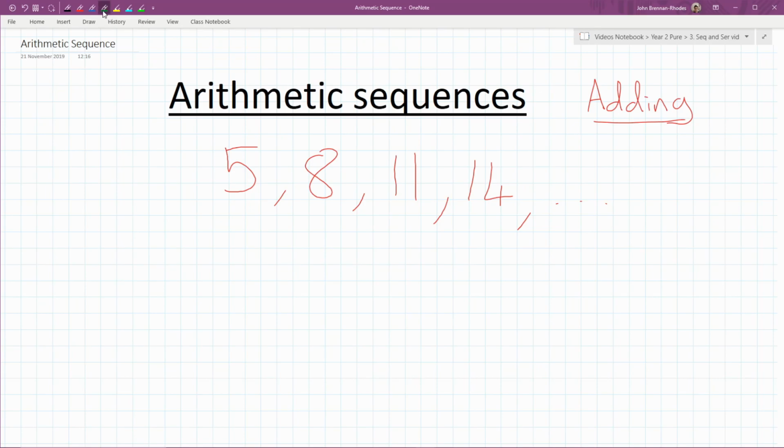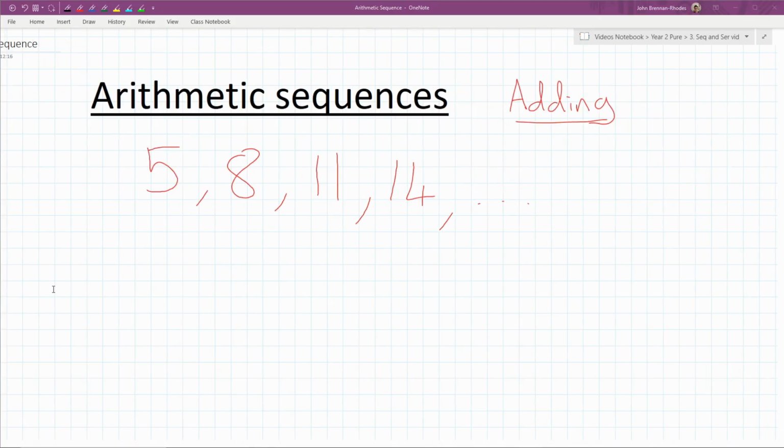What you can see here is a sequence of numbers, 5, 8, 11 and 14. And you might be able to see that we've got a common difference between each term. So we go plus 3, plus 3, plus 3, and this will continue.